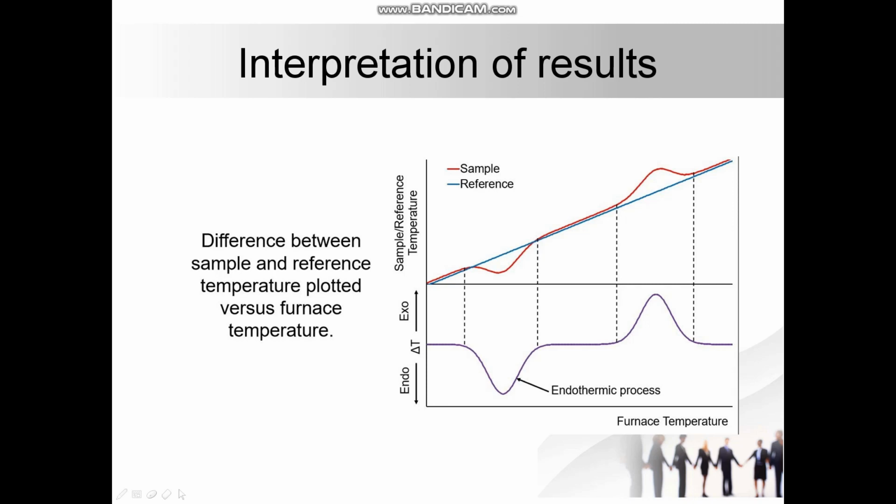Melting is one of the endothermic processes in which heat is used to change the phase from solid to liquid. Through this, we can understand at what temperature the endothermic process will start. Similar is the case with the exothermic process. If you can see here, the rate of rise in temperature of the sample suddenly increased over the reference temperature.